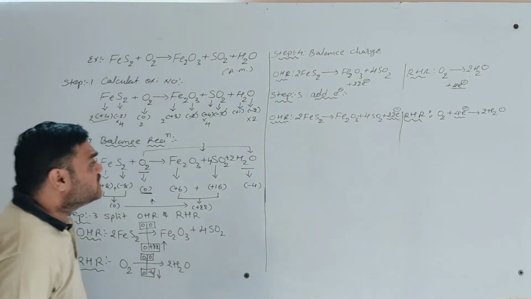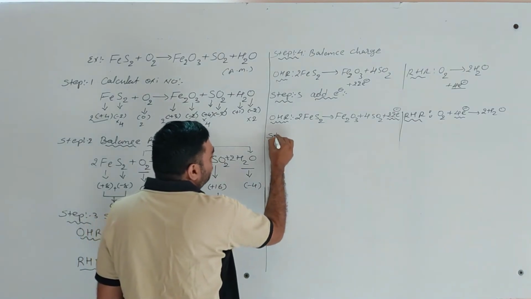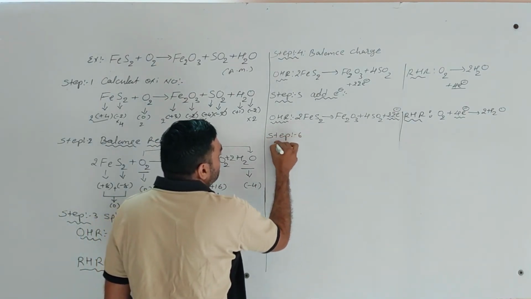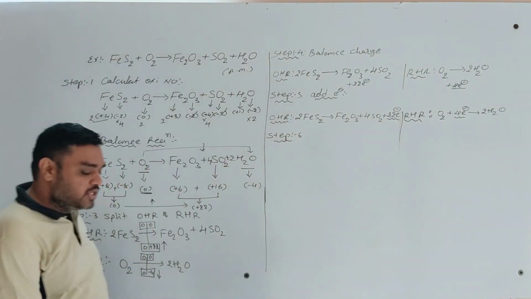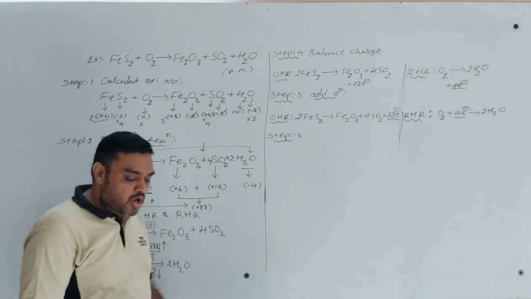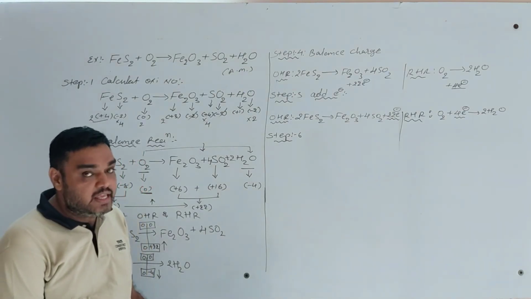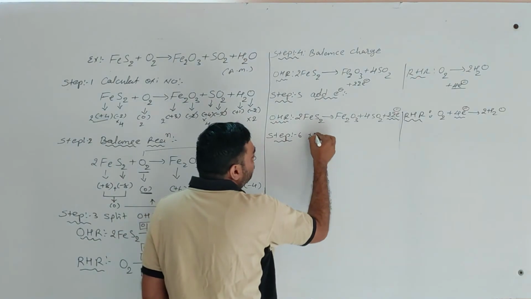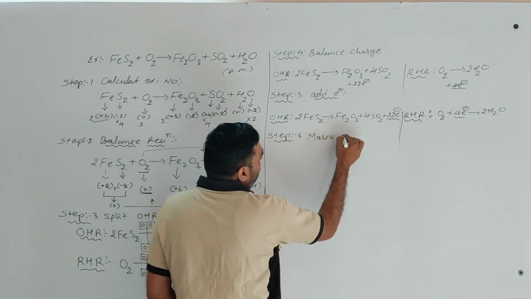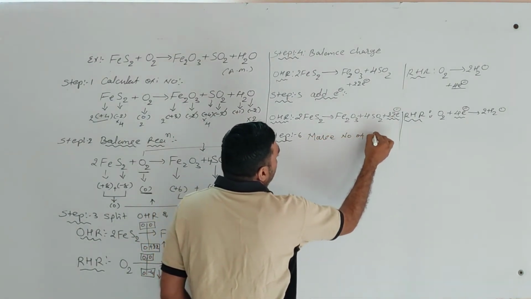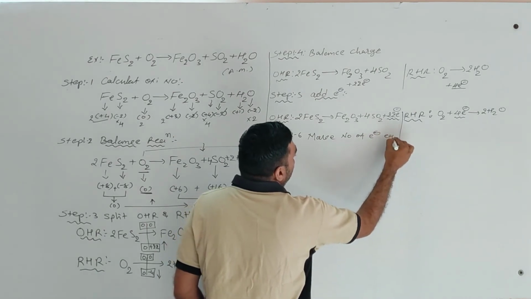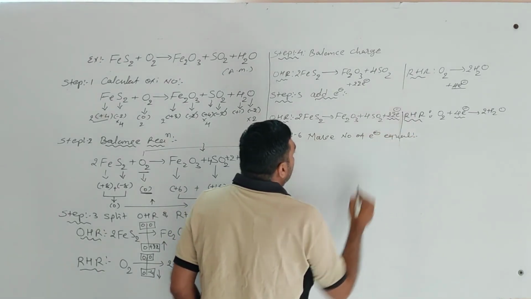Now in step 6, make the number of electrons equal.